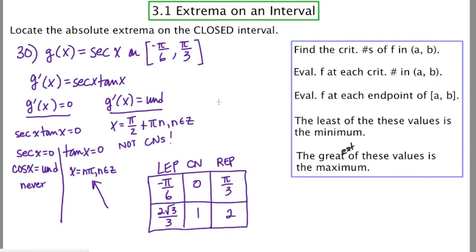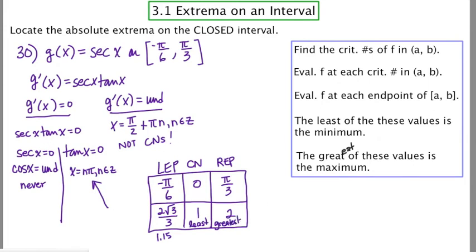Let's take a look. 2 square root 3 divided by 3 is 1.15. So this down here is 1.15. So this is the least, and this is the greatest. Okay, so we're going to have a minimum.